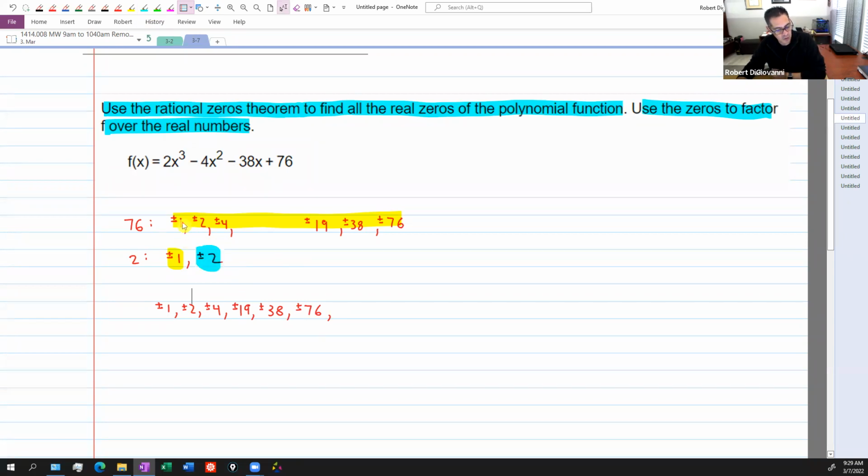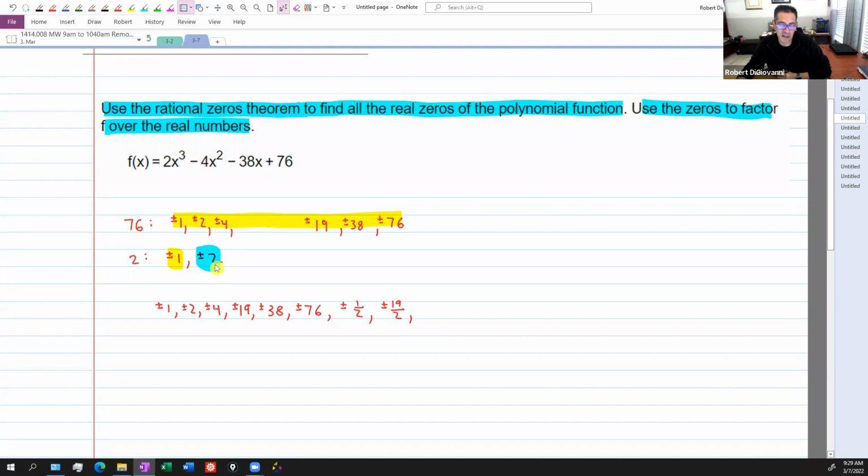then you're going to get 1/2 first, plus or minus. You're going to get 2 over 2, which is 1. You have that in your list. 4 over 2, which is 2. You've got that in your list. 19 over 2, we don't have. 38 over 2. What's 38 divided by 2?